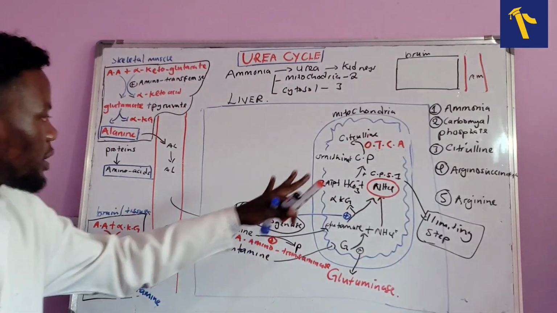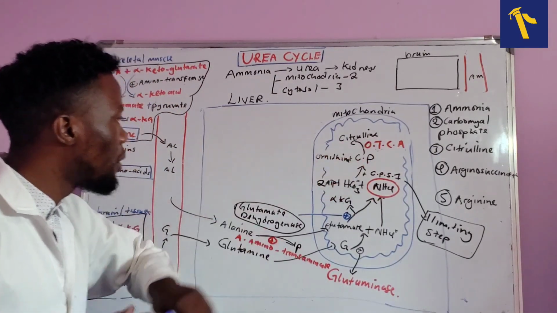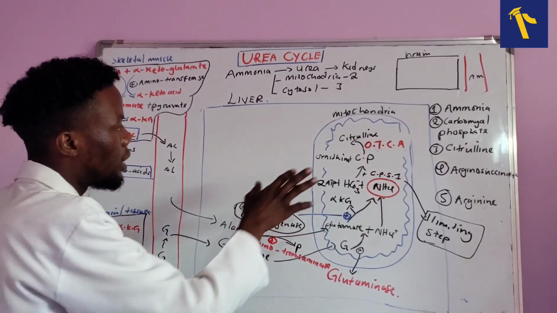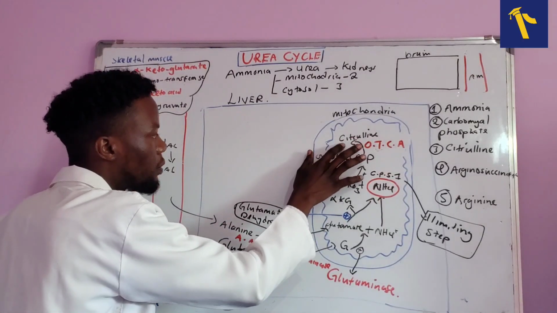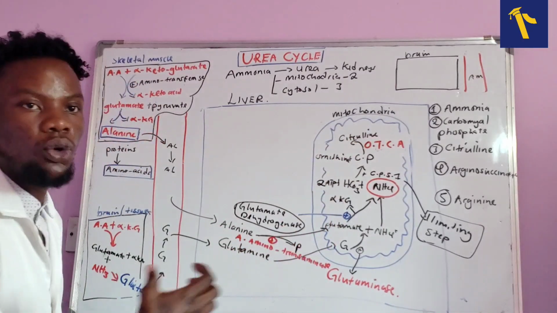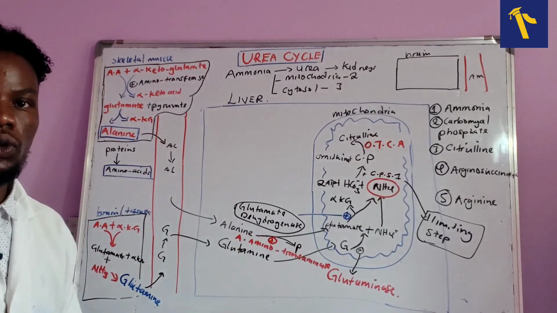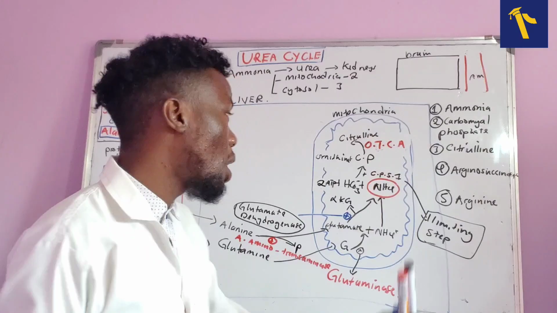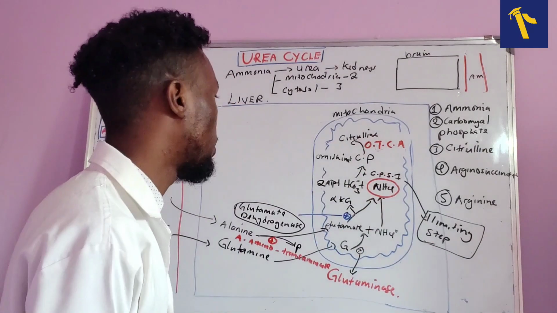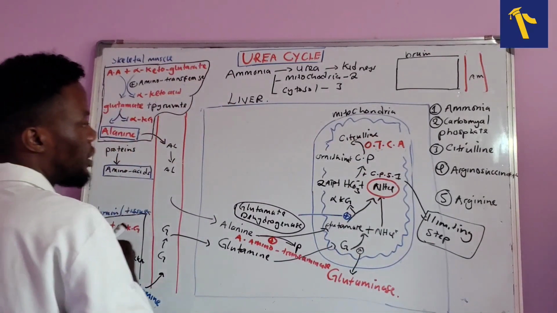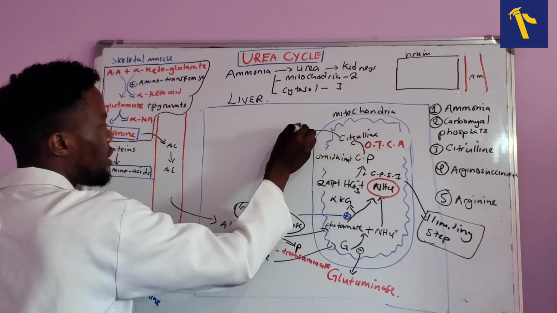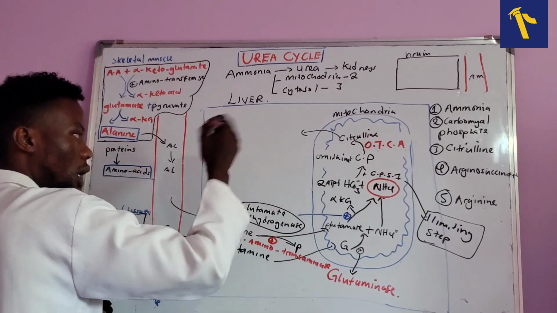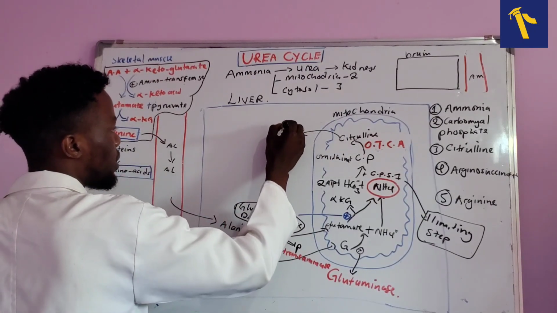Now, this process makes sure that there is production of citrulline, and citrulline has the ability to pass through the membrane of the mitochondria and go into the cytosol. So this citrulline can go into the cytosol here.